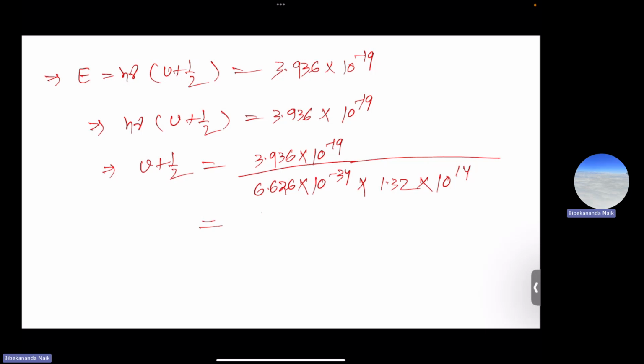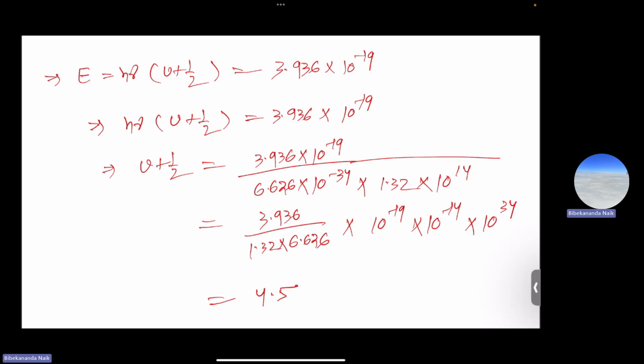So if you calculate, it will be 3.936 divided by 1.32 into 6.626 into 10 to the power minus 19 into 10 to the power minus 14 into 10 to the power 34. If you calculate, it will come out to be roughly 4.5.